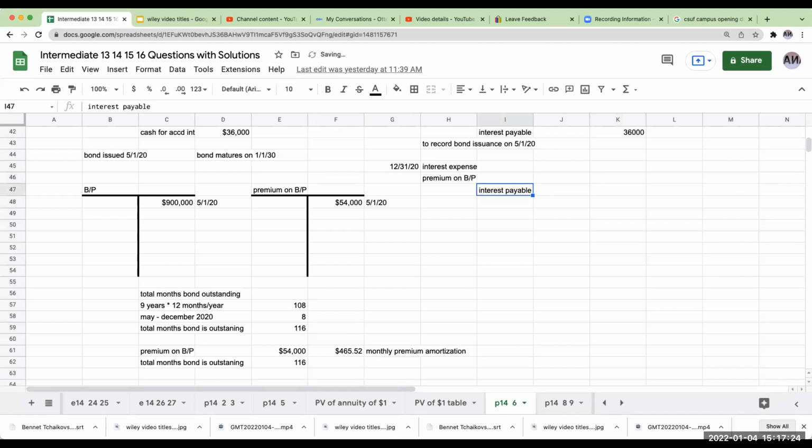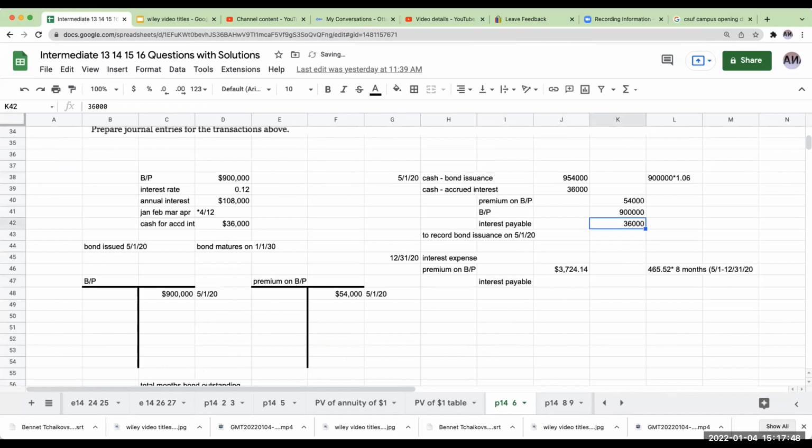So over here, my premium on bonds payable is going to be 465.52 times 8 months, or from May 1st through 12/31/20.